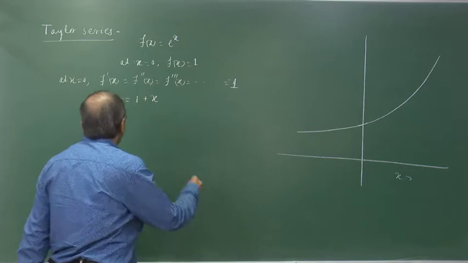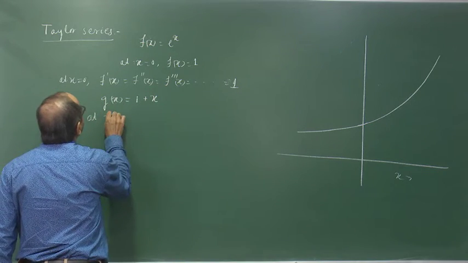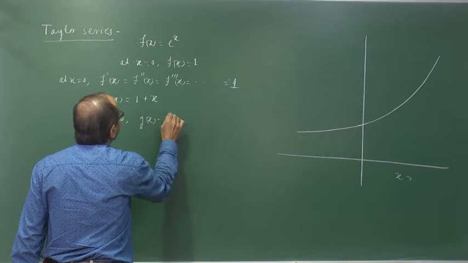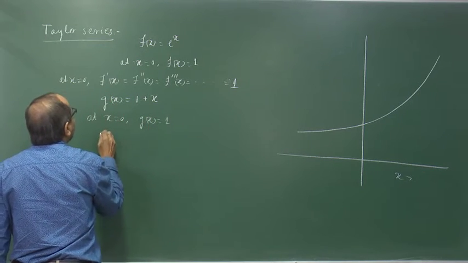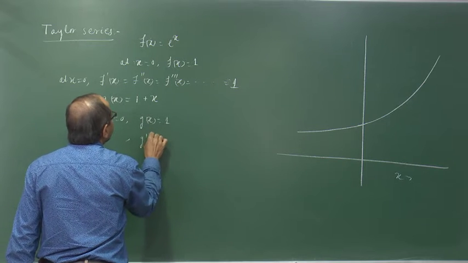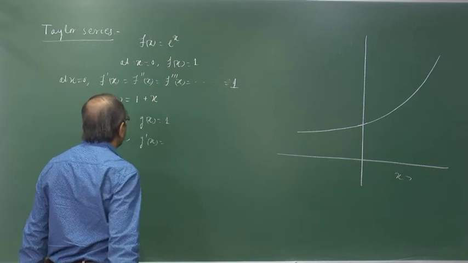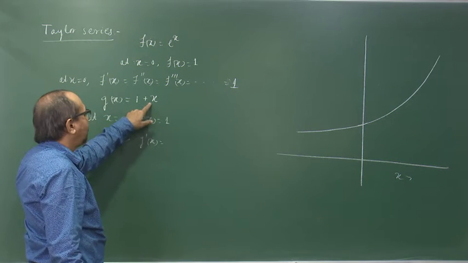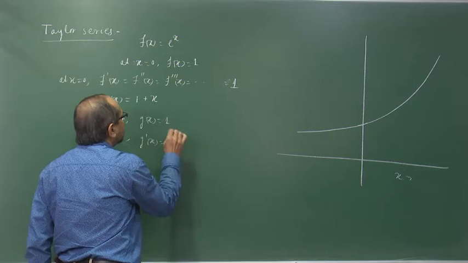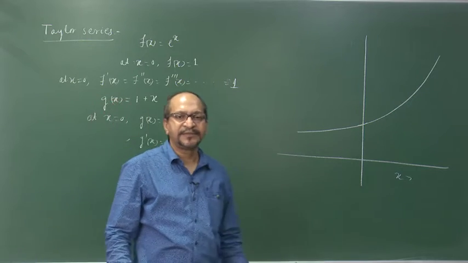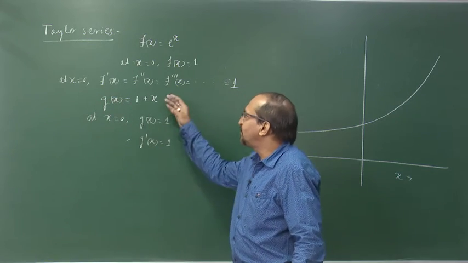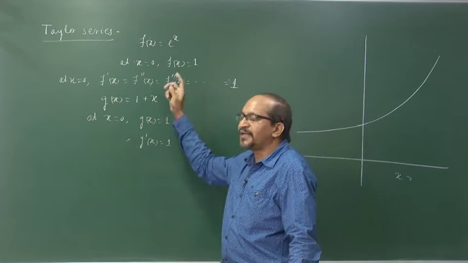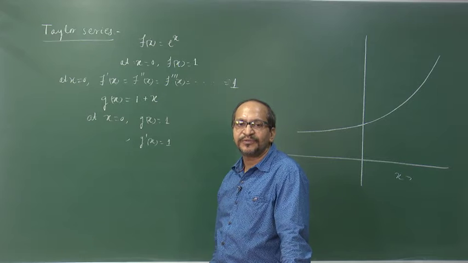So at x is equal to 0, g of x is equal to 1, and what is g dash x at x is equal to 0? g dash x is again 1. So at least it matches the function value and first derivative at x is equal to 0.